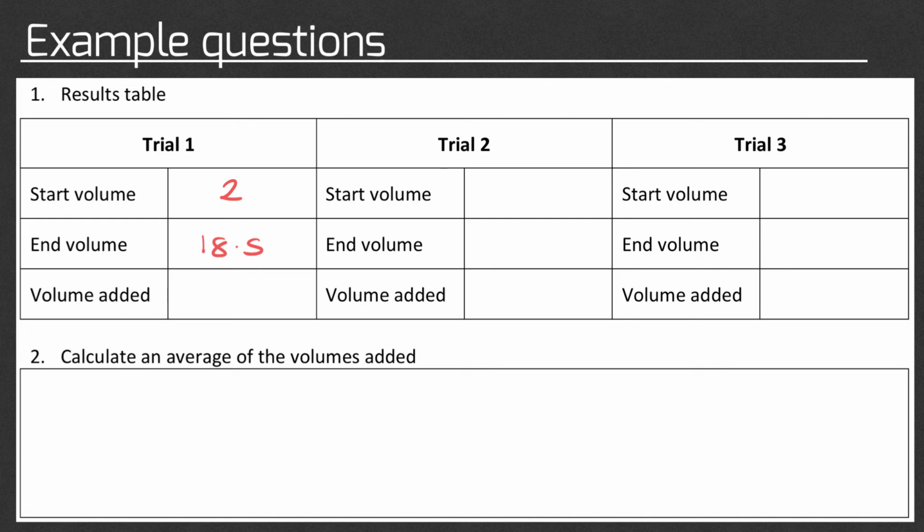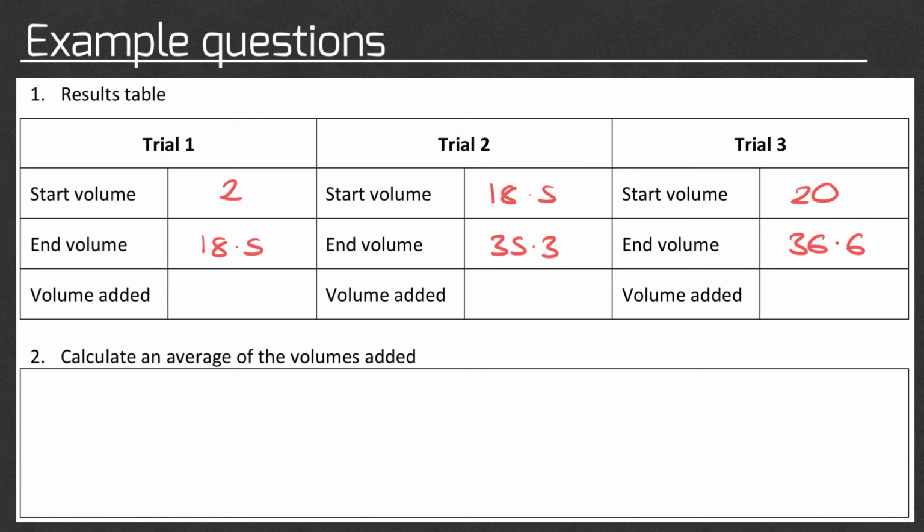The first test had a start volume of 2 and an end of 18.5. The second, a starting volume of 18.5 and an end volume of 35.3. And the final test, a start volume of 20 and an end volume of 36. We now need to work out the volume added by subtracting the start volume from the end volume.